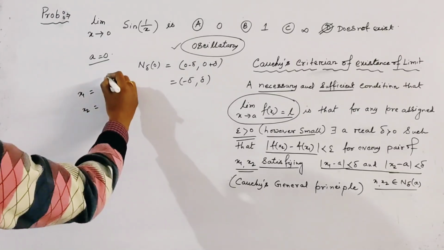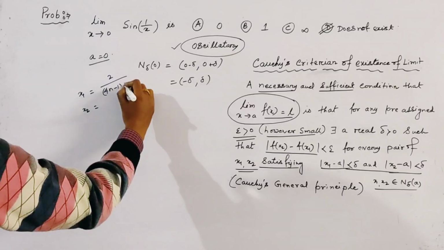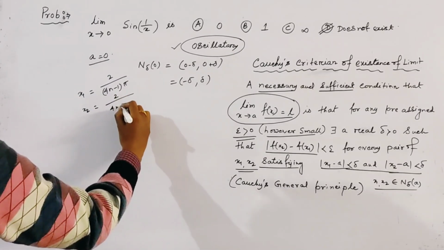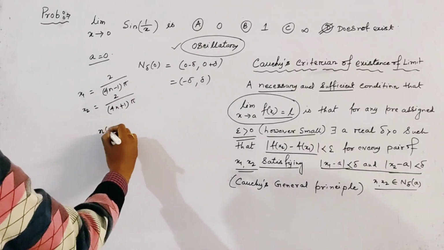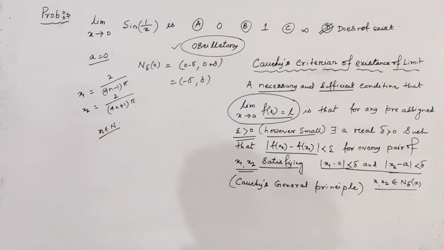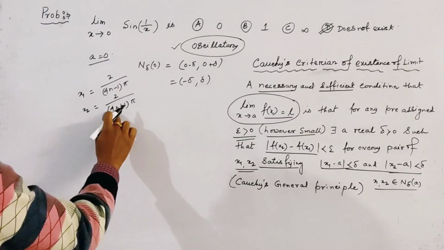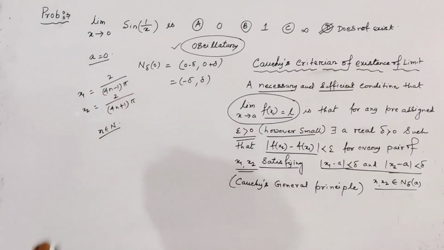We consider the two points x1 equals 2 by (4n minus 1) pi, and x2 equals 2 by (4n plus 1) pi, where n belongs to the natural numbers. Clearly, if we take a large value of n, both give very small values.